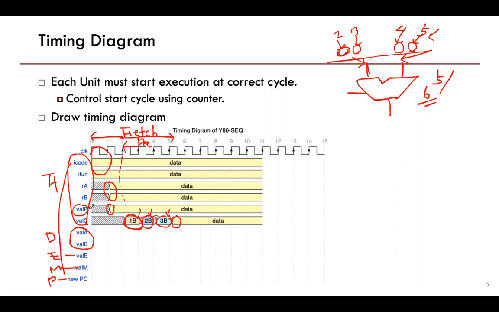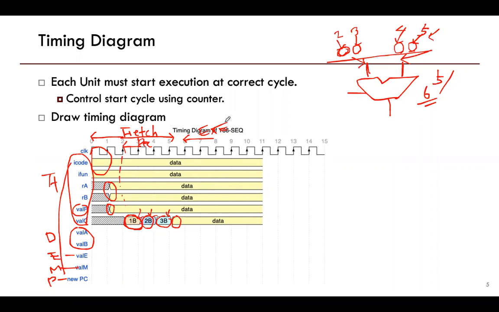After we read all of these candidate inputs, the execution unit can start. What is the longest one? Actually, valC. Value A and value B will be available earlier than value C, so we can start the execution unit at cycle 6.